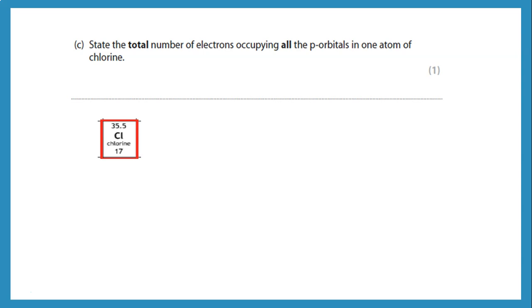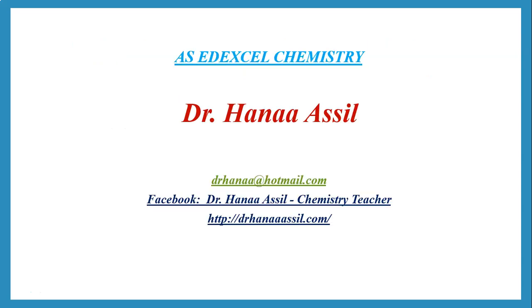From the periodic table, there are 17 electrons in chlorine. How are they going to be distributed? 1s2, 2s2, 2p6, 3s2, 3p5. And he's saying, what is the total number of electrons occupying the p orbitals? Well, we have 6 in the 2p and 5 in the 3p. 6 plus 5 is 11 electrons in all the p orbitals.